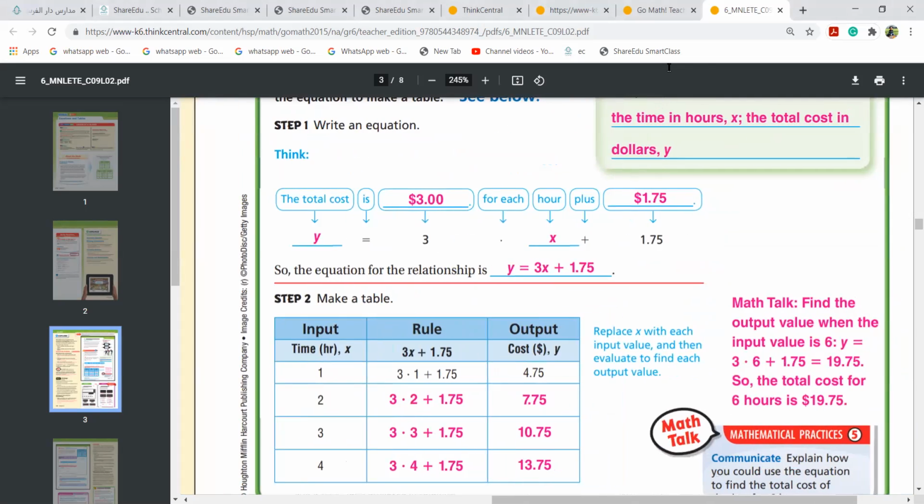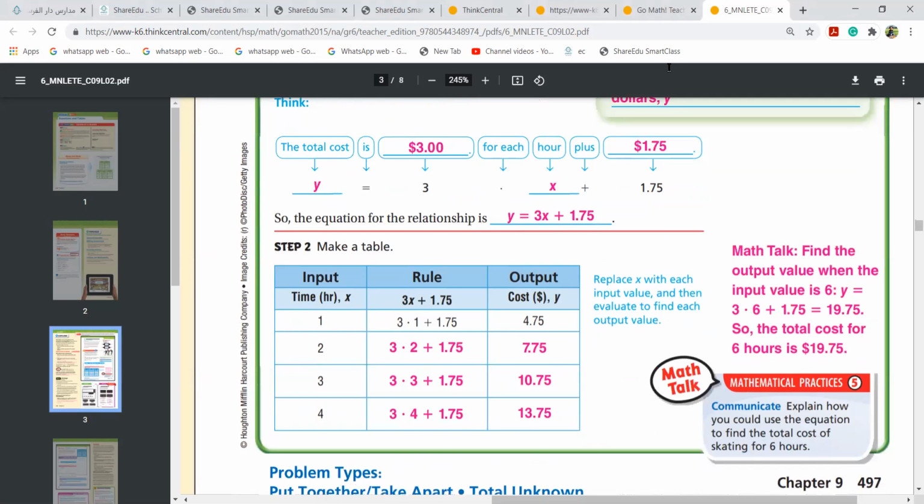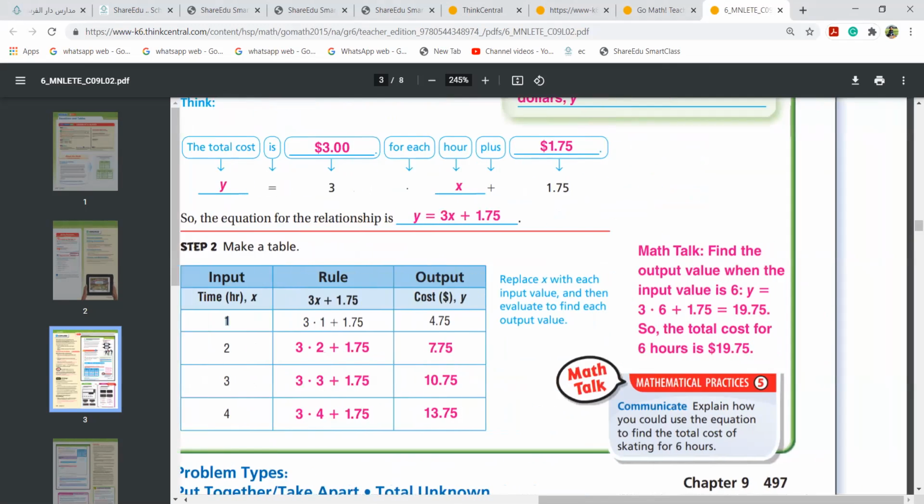Now, very simple girls, I will show it on the white screen. I have y equal 3x plus 1.75.